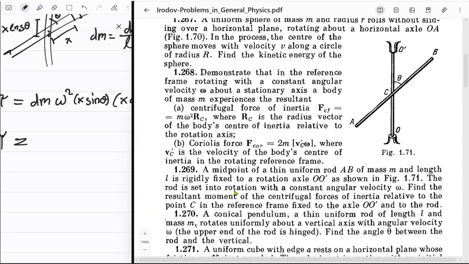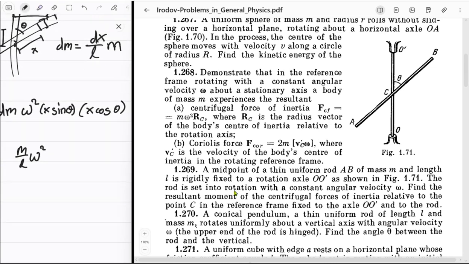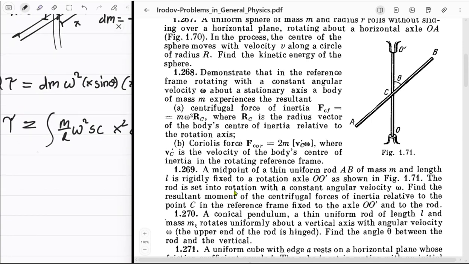That's, I mean, I'm going correct, am I not? I am, of course. So m upon L omega squared sine theta cosine theta, right? All of that is out. You got x squared, and then this is just dx. All right. So integrate this thing from x equal to negative L upon 2 to L upon 2, and that's gonna give us our tau.